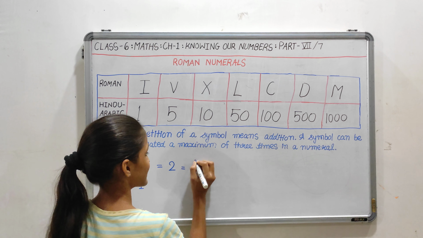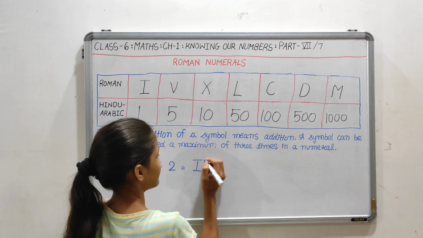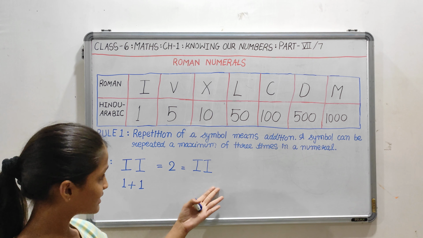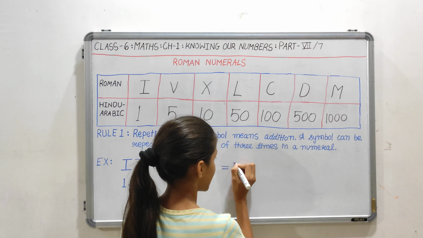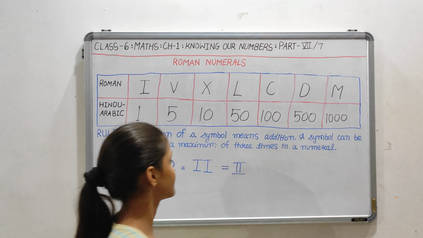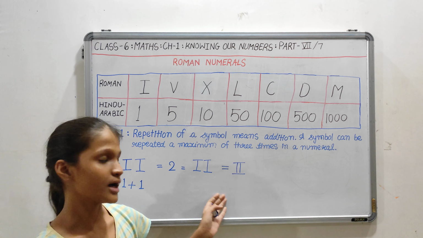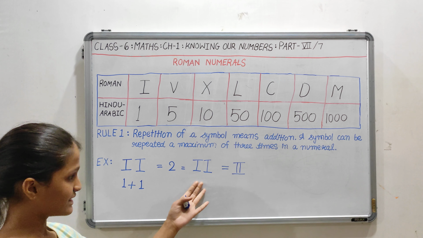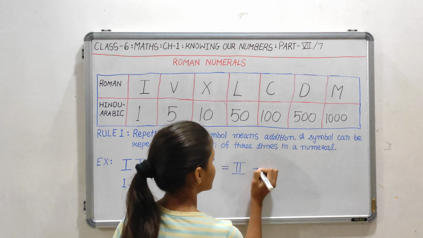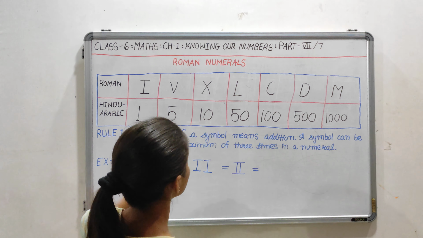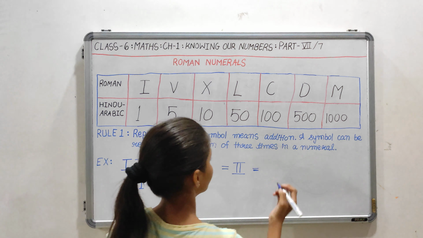We can write this in different ways, and these are all correct. So this is 2, this is also 2, and this is also 2, but in different ways.